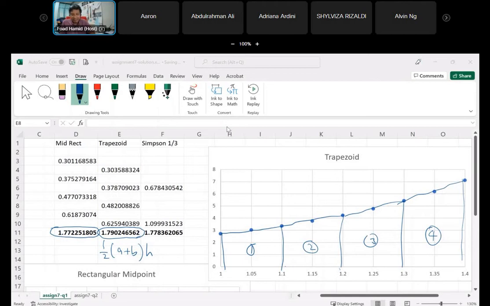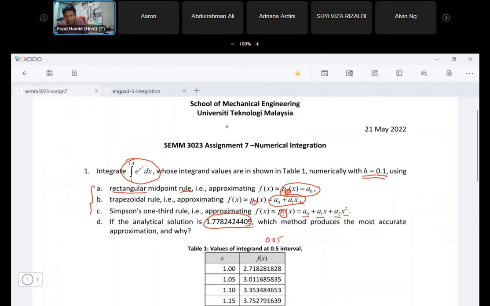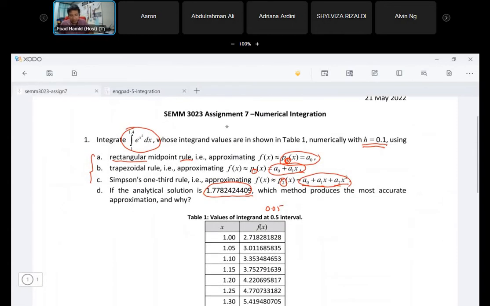All right, so now the next thing is the Simpson 1/3 rule. What is the Simpson 1/3 rule? It is basically approximating using 3 points. Instead of only 2 points, we need to use 3 points. Because h is 0.1, we need to use this point, and this point.